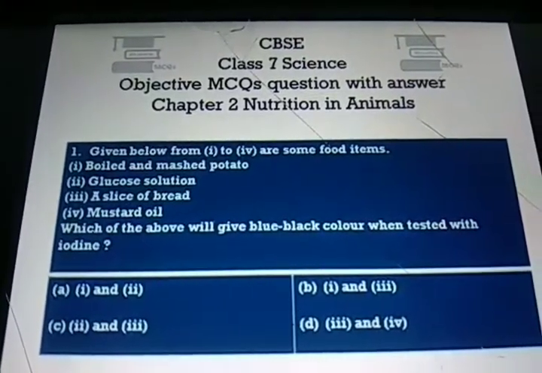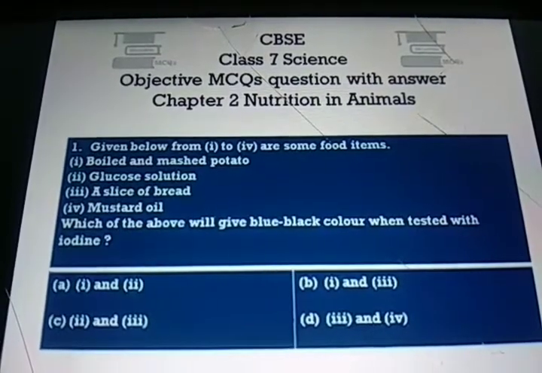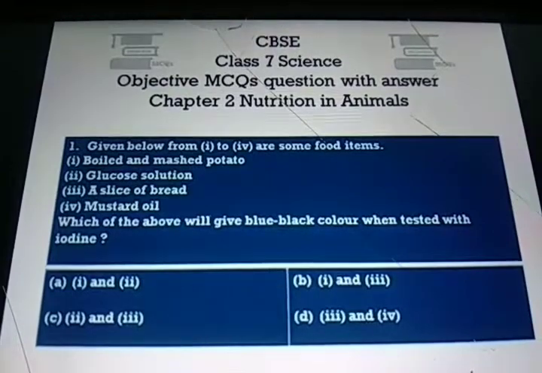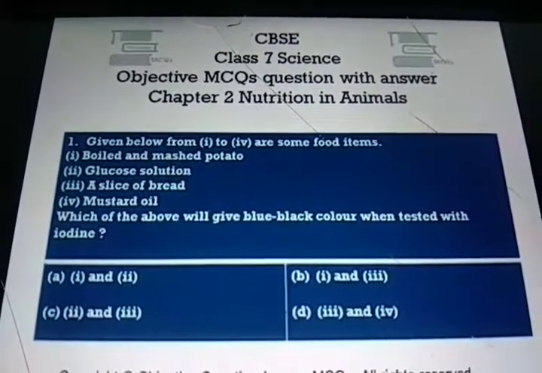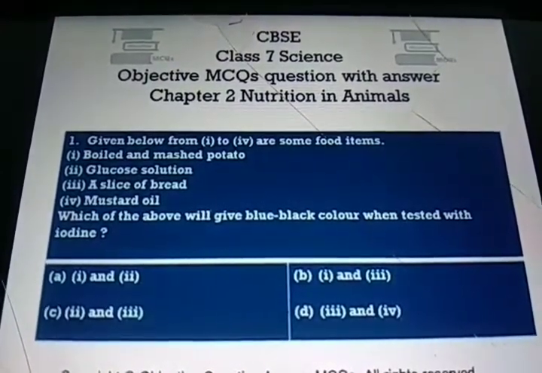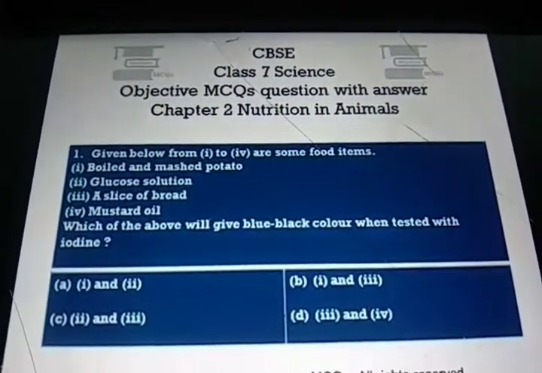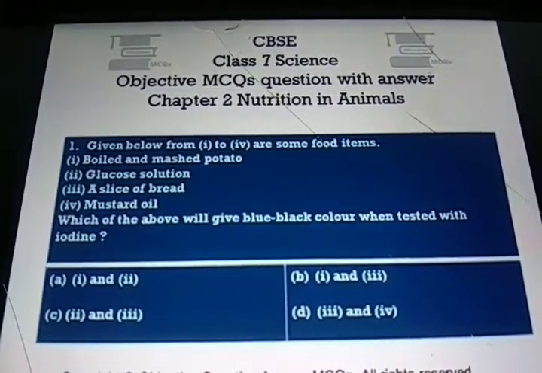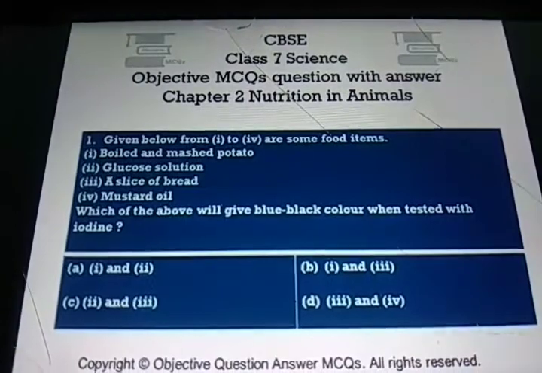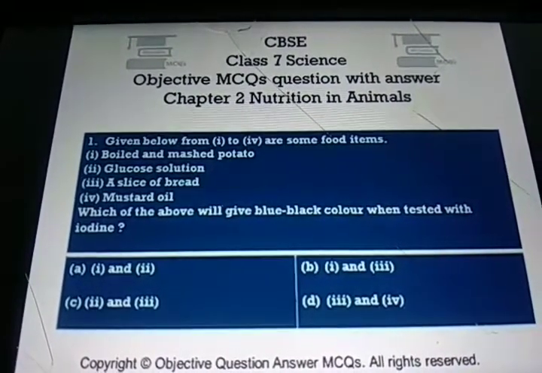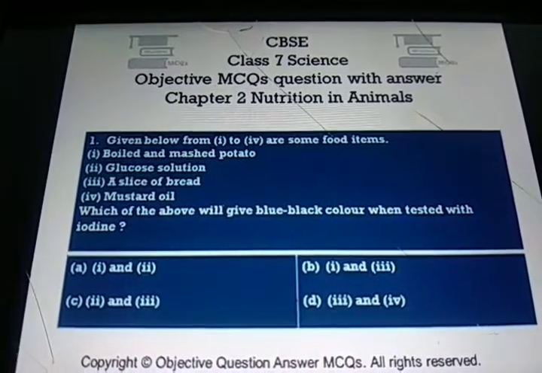So given below from 1 to 4 are some food items. One is boiled and mashed potatoes, two is glucose solution, three is a slice of bread, and four is mustard oil. Which of the above will give blue-black color when tested with iodine? And the options are option A, 1 and 2, option B, 1 and 3, option C, 2 and 3, option D, 3 and 4.